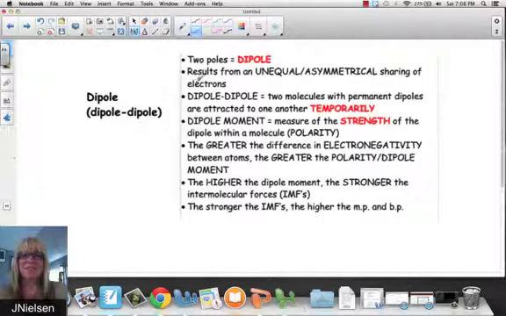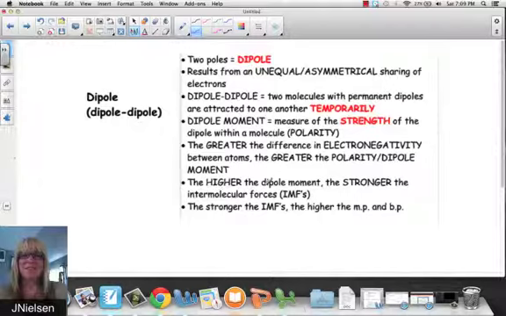So as a result, we have unequal sharing of electrons. Because of this partial negative and partial positive charge, when two dipole molecules come in near contact with one another, they have a temporary attraction due to these partial charges.